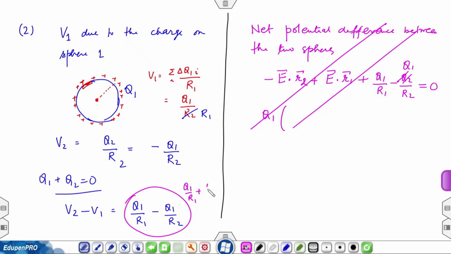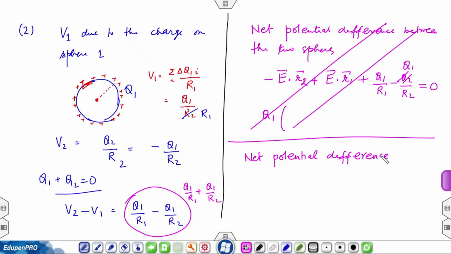So, this is plus Q1 over R2, and therefore, the net potential difference will be minus E dot R2 plus E dot R1 plus Q1 over R1 plus Q1 over R2 is equal to 0.